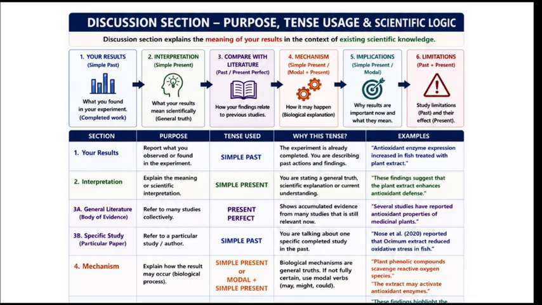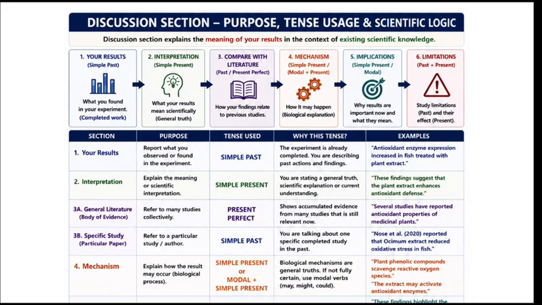Then we also explain why that particular result has come, by saying that the plant may have some alkaloids or phytochemical constituents. These phytochemical constituents may trigger the pathways that lead to production of the antioxidative enzymes.